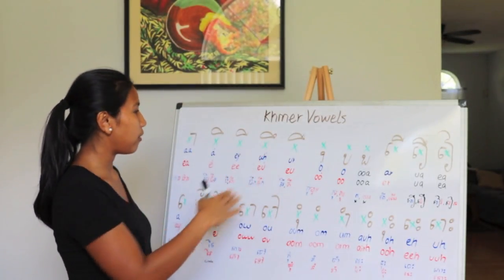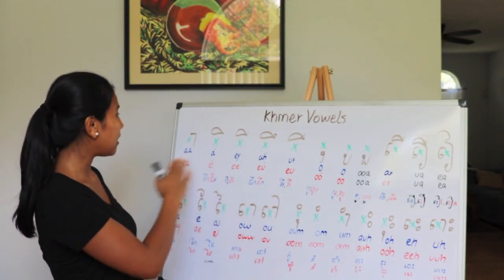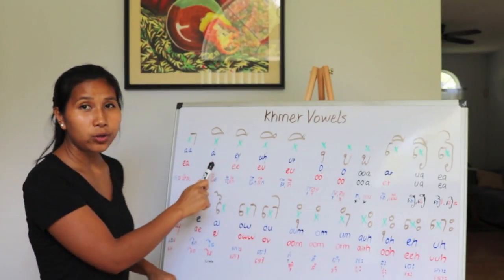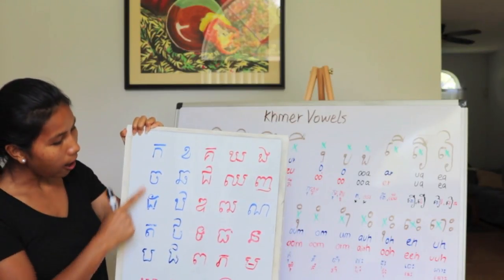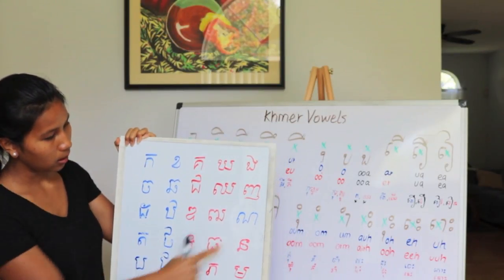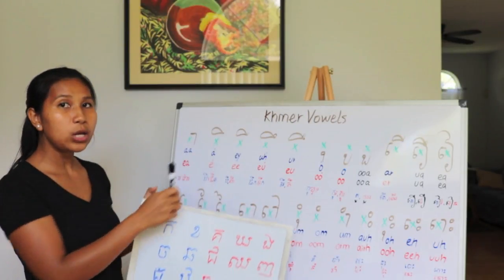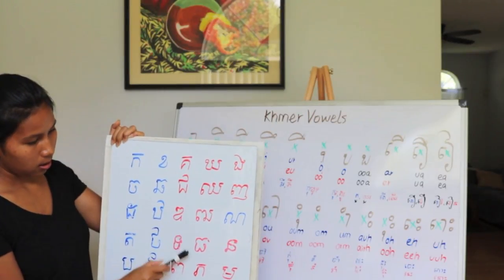They're above, behind, and under consonants, all around. The sounds in blue are to be used with consonant A in blue, and the sounds in red are to be used with consonant O in red.